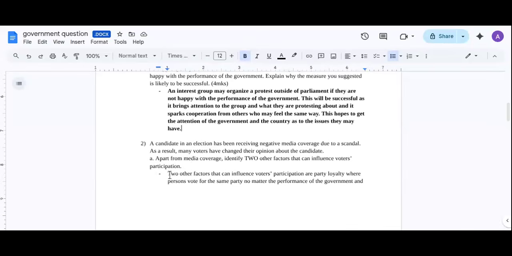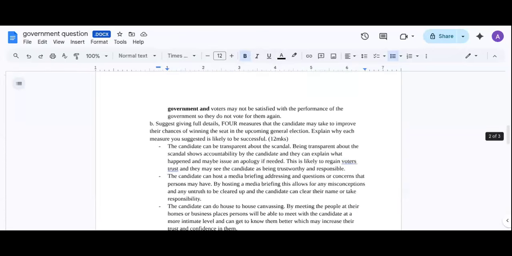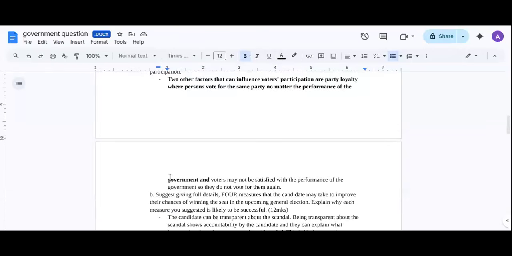So, two other factors that influence voters' participation are party loyalty, where persons vote for the same party no matter the performance of the government, and voters may not be satisfied with the performance of the government, so they do not vote for them again. So these are just two factors that influence voters' participation.